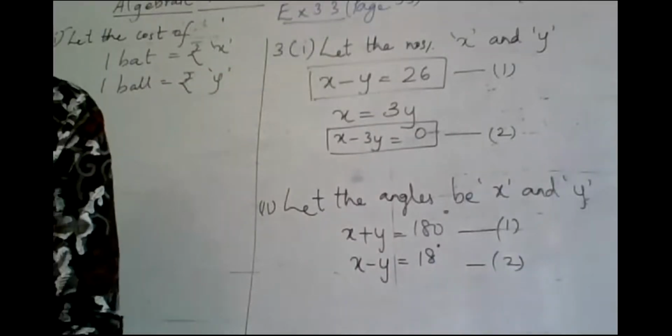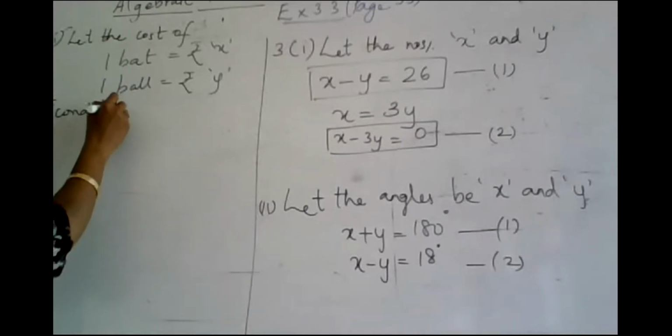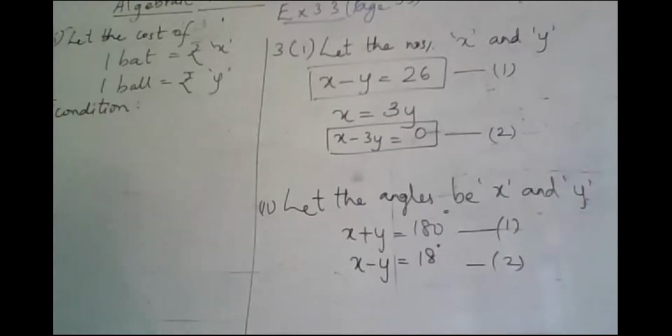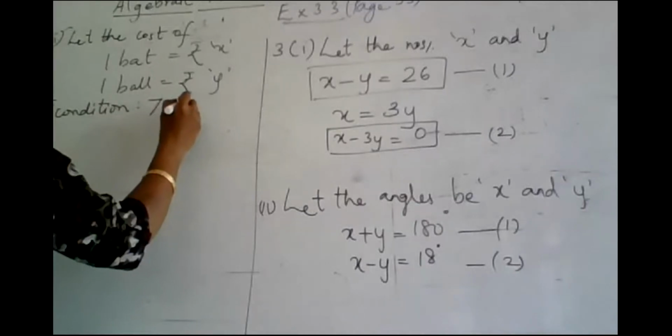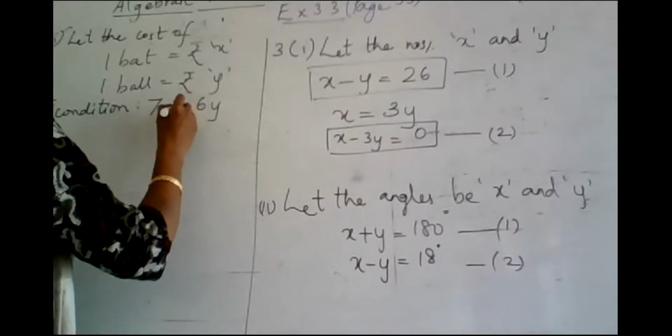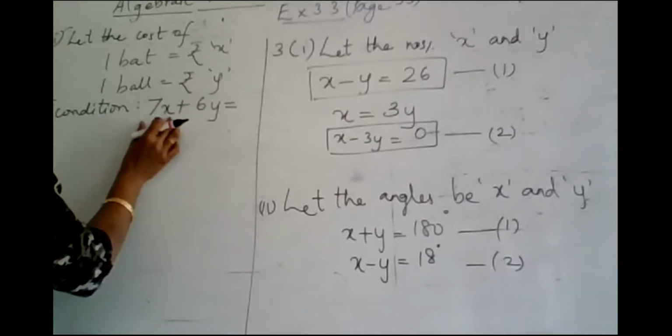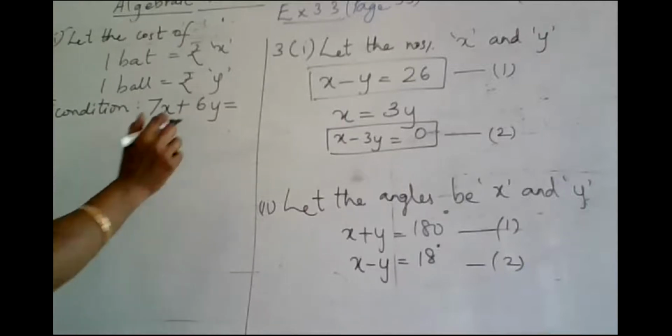So I have the first purchase. The first condition: I buy 7 bats and 6 balls. If one bat costs x, 7 bats will cost 7x and 6 balls will cost 6y. When I add these two, the total cost is 3,800.